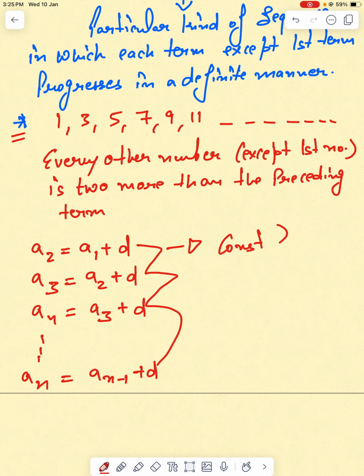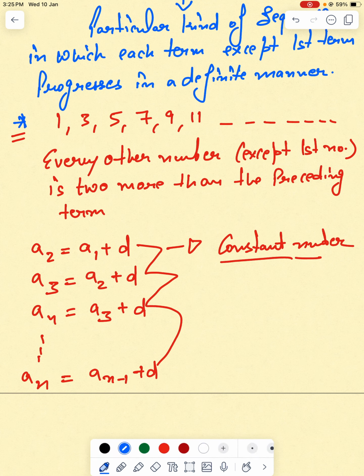You have seen that in your, I'm writing here again, this is your constant number D. We have seen in our AP, or you can say sequence of the odd natural numbers in ascending order, your constant number is, you can say, D is 2.